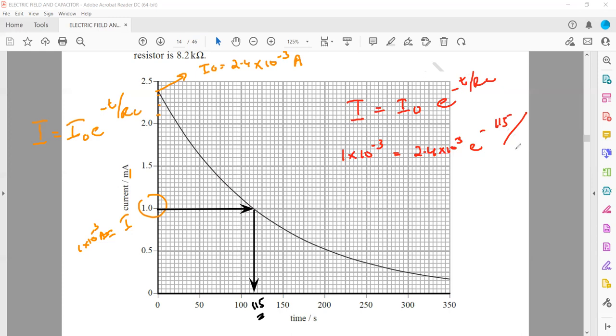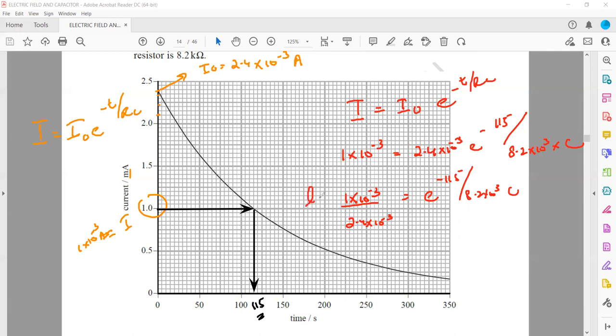R is the resistance through which the capacitor discharges, that is 8.2 kilo ohm, so 8.2 into 10 power 3, multiplied by capacitance C. The 2.4 into 10 power minus 3 is multiplied on the other side, so it will be divided. So it will be 1 into 10 power minus 3 divided by 2.4 into 10 power minus 3 equals e raised to power minus 115 divided by 8.2 into 10 power 3 times C.